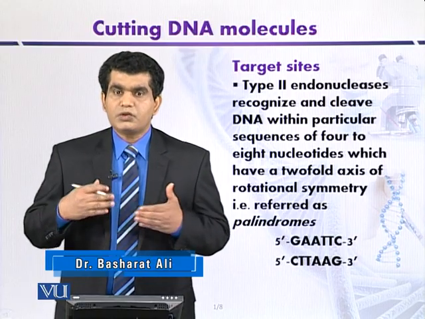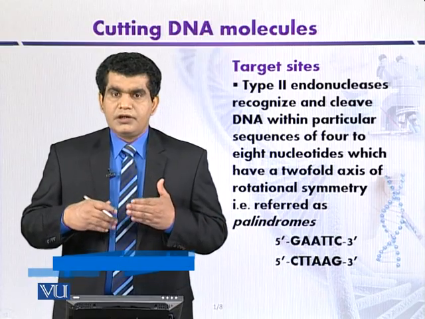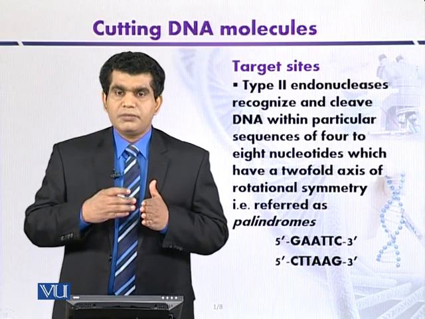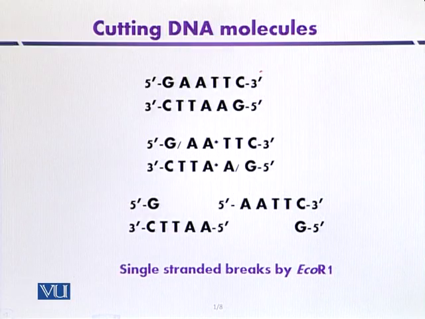Now, what is a palindrome? Palindrome means words that are read similarly from the right or the left side. For example, here is the recognition sequence for the EcoRI restriction enzyme. A sequence we can call a palindrome reads the same from 5' to 3' on either strand.